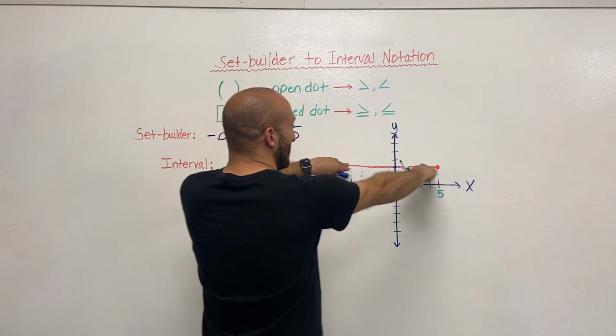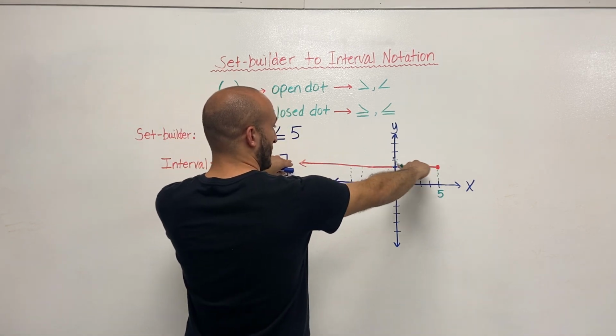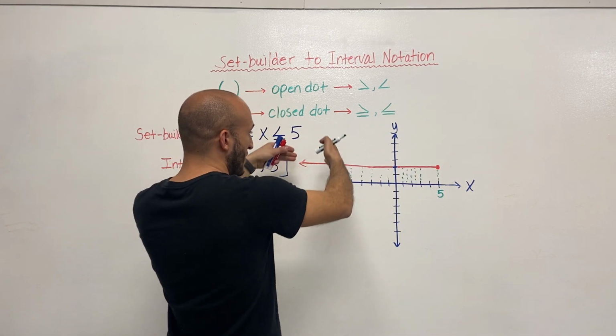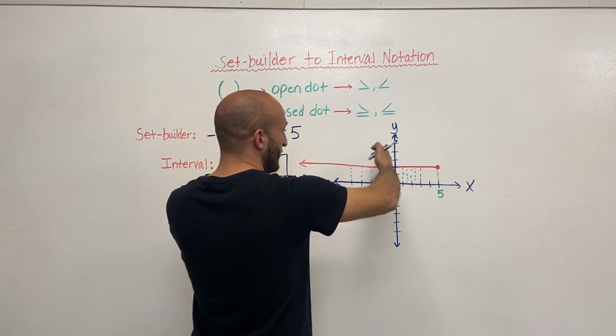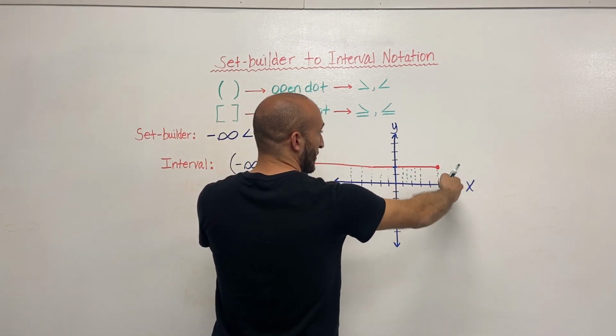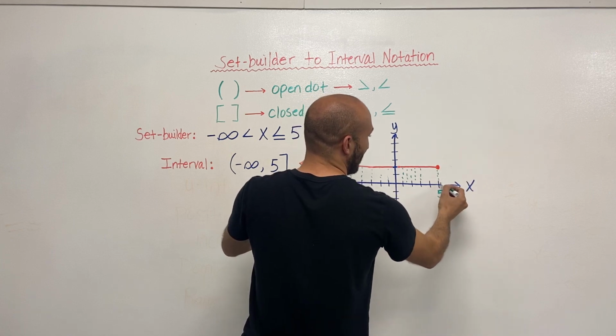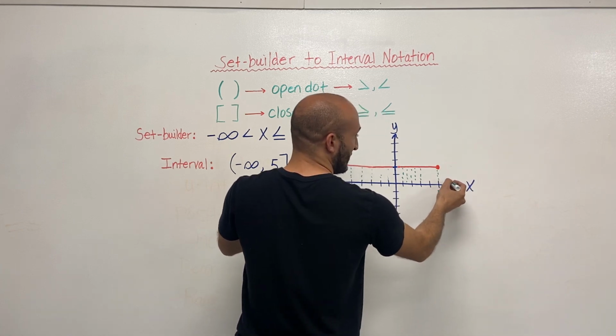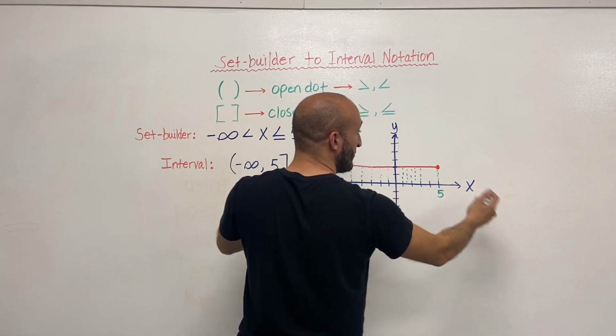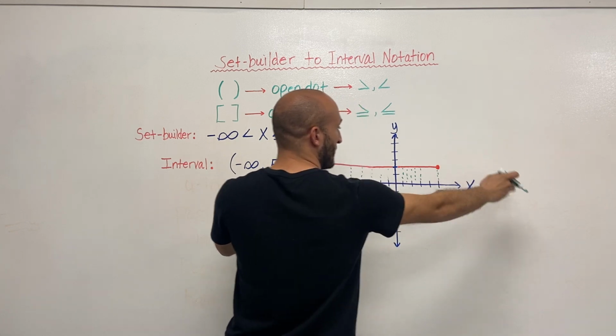As I'm looking at this graph, I'm asking, where do I stop seeing x values? There's no more graph here, so I can't list off any more x values. I can't list off 6, 7, 8, 9, or 10 because there's no more graph there.